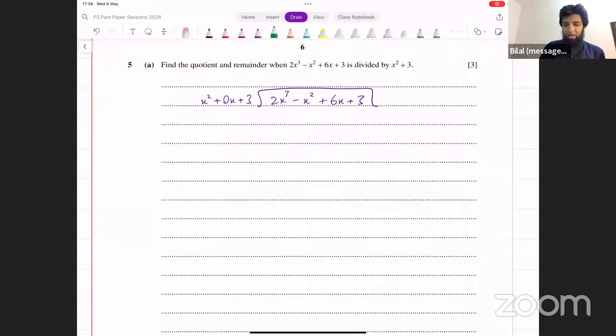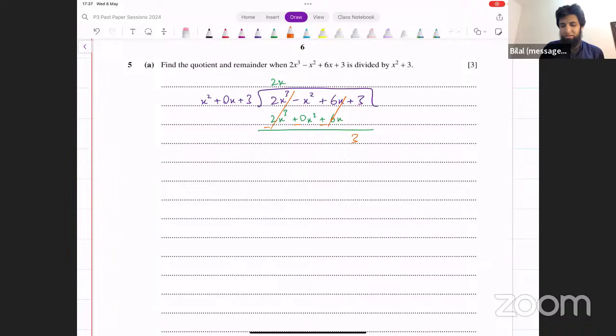Now x squared multiplied by what is going to give you 2x cubed? 2x into x squared, that is 2x cubed plus 0x squared plus 6x. Okay, now you change the signs, it becomes minus, this gets cancelled, and apparently this also gets cancelled, and we're just left with 3 from that.